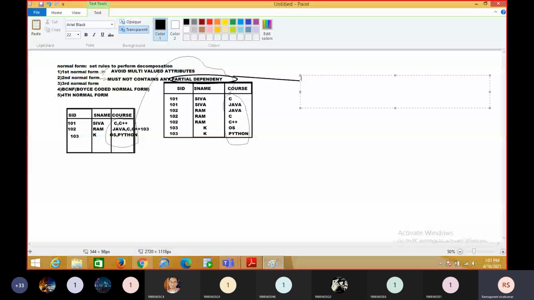See, here is the attribute A, and then I can write A to C. This is the transitive rule, but we need to avoid this.